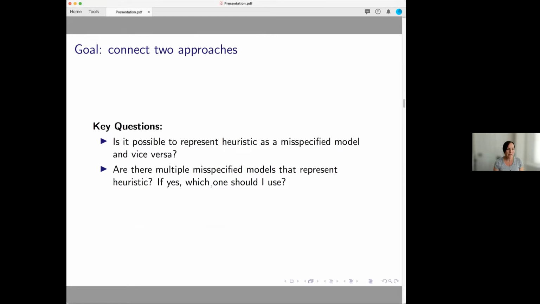And then second of all, are there multiple misspecified models that represent a heuristic? Turns out yes. And given that there are, which one should be used? So essentially, if we take a conceptually compelling heuristic and we want to represent it as a misspecified model to then do analysis in a market, it doesn't matter which of those multiple models we choose in order to do this analysis.